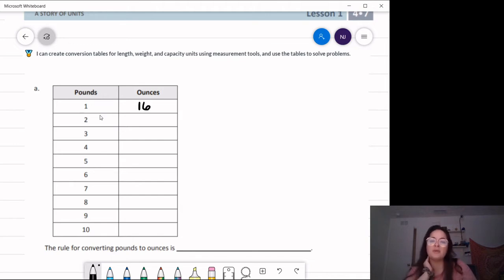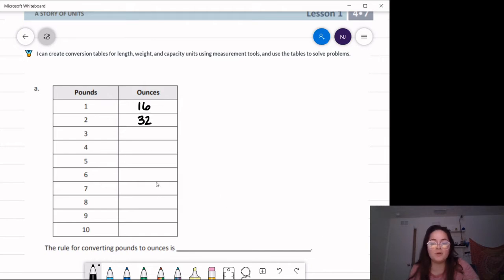Think about that. Well, you might have thought, oh, Mr. Co, we're just going to add on 16 more ounces, or we're going to double 16 ounces or multiply by 2, which would give us 32 ounces.